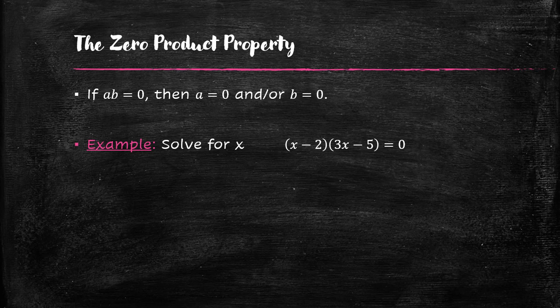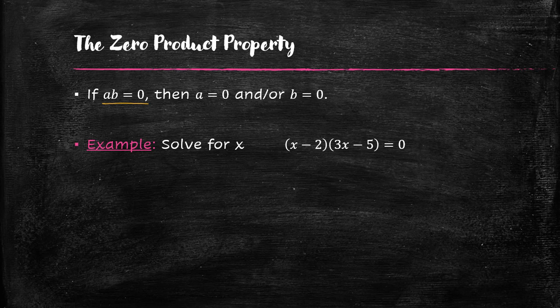So the zero product property, or ZPP, states that if AB equals 0, or even more generally, if any product of factors, even more than just 2, is equal to 0, then A could be equal to 0, or B could be equal to 0, or they could both be equal to 0. So we're saying A and B are really the factors of our quadratic or even higher order polynomial. So let's give that a shot here.